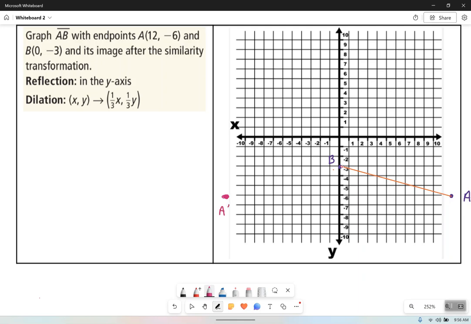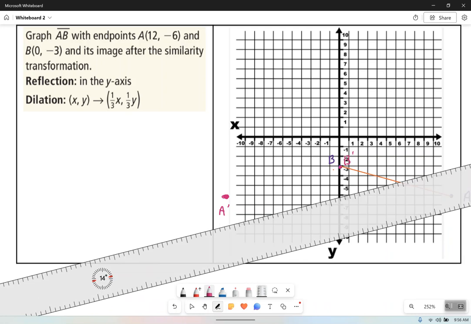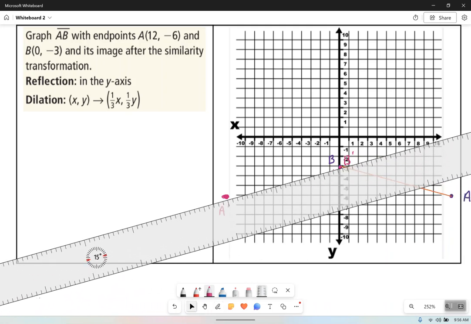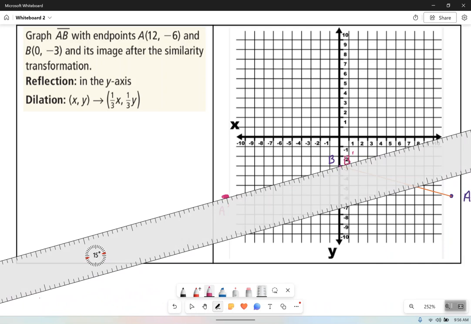And then B, is B even going to move? Kids, if I fold right on the y-axis, you would say, nope, not moving. Okay. So guys, all I've done so far is taken that line and done what? We reflected it over the y-axis, didn't we? Oh, I think I got the wrong point, didn't I? No. I've got it, don't I?